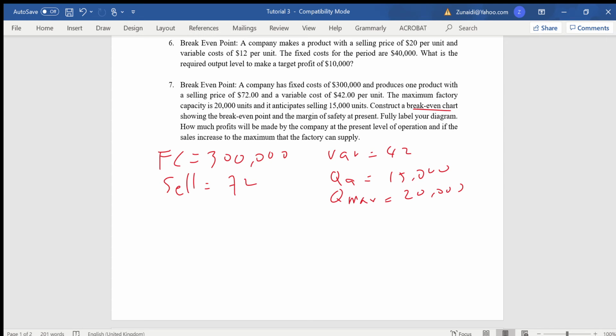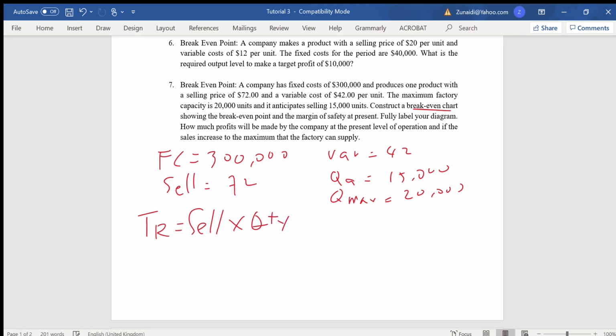So first we need to construct the chart and then use that chart to explain the break-even point. We already learned how to calculate the total revenue. Total revenue, TR, we get from selling price multiplied by quantity.